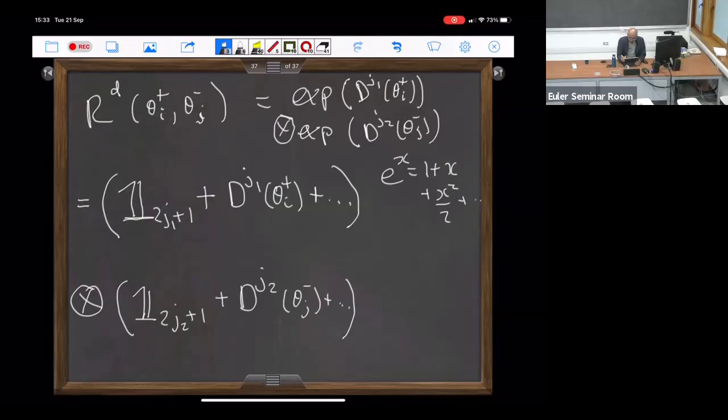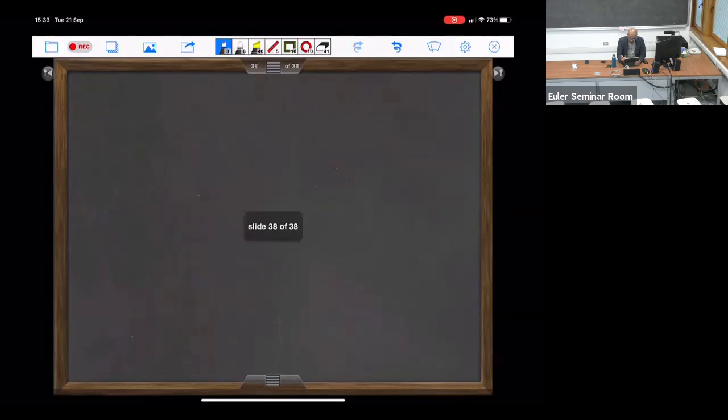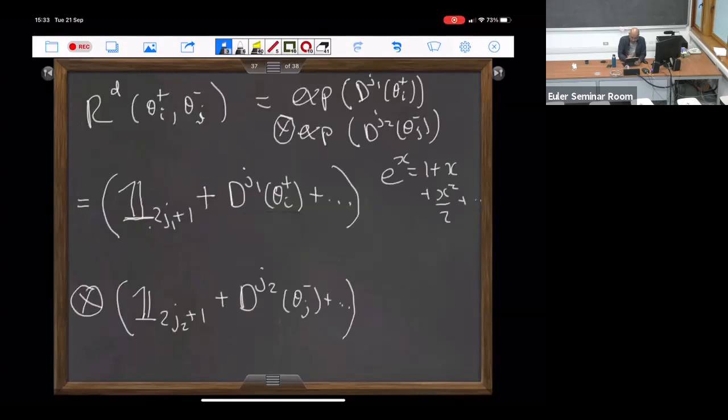So finally, we just have to take this tensor product. That equals, there's one term at the beginning, which is a big identity matrix from taking the tensor product of 1 with 1.